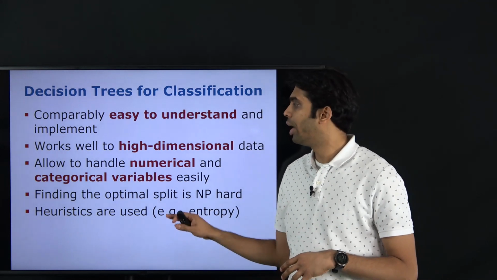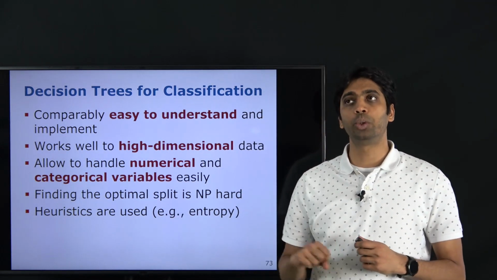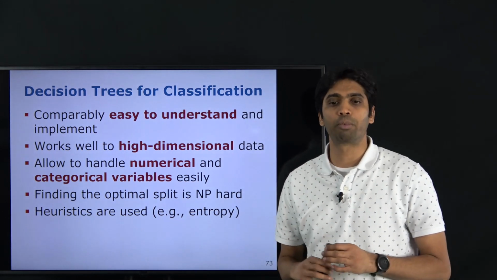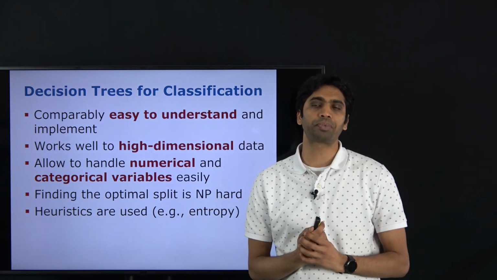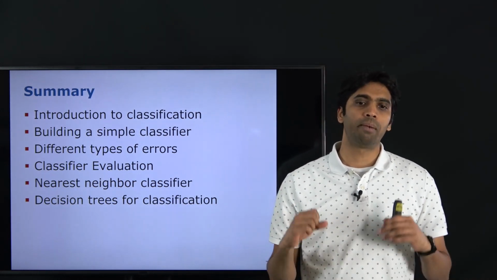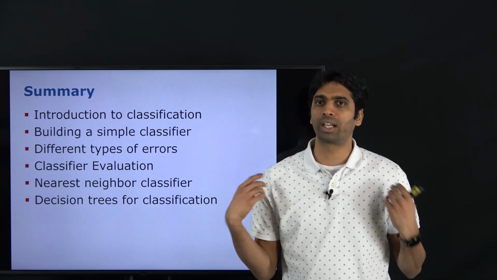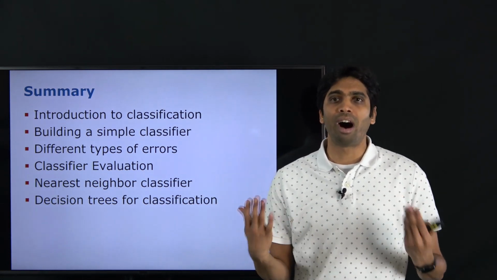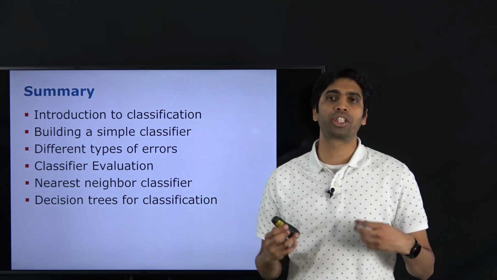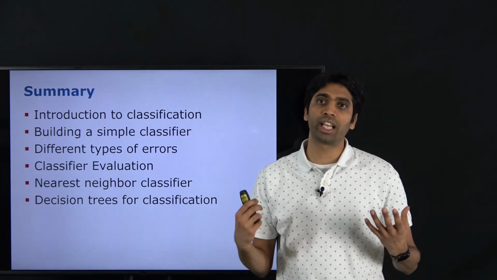And often certain heuristics such as the entropy of the splits are used while training to make the training process efficient. So with that, I reach the end of today's lecture, where I gave you an introduction to what classification systems are like, how to actually build a simple classifier, and what the different stages of a classification system are.